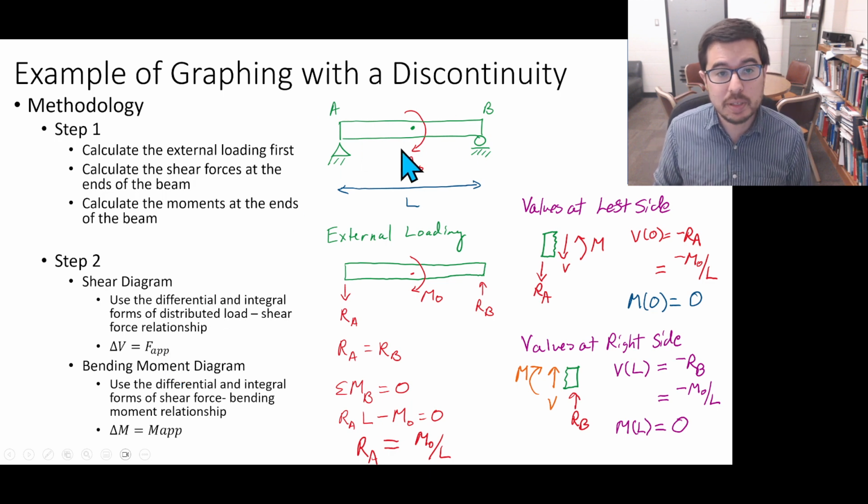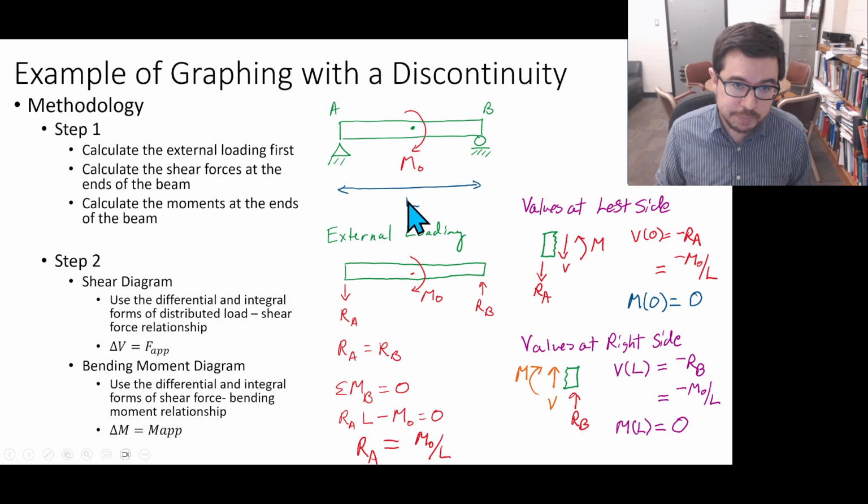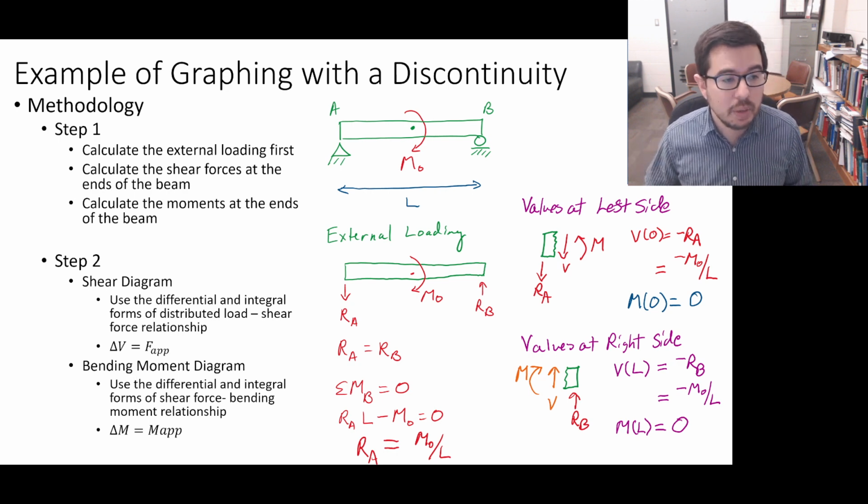But there is a discontinuity with this coupled moment that we've placed on this system. So we're not going to see a jump in the shear force, but we do expect to see a jump in the internal bending moment.